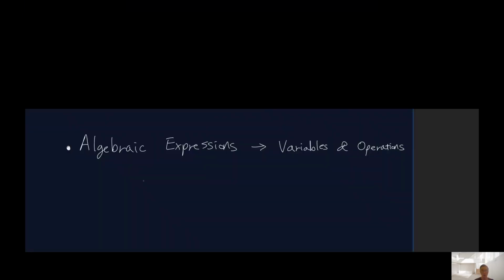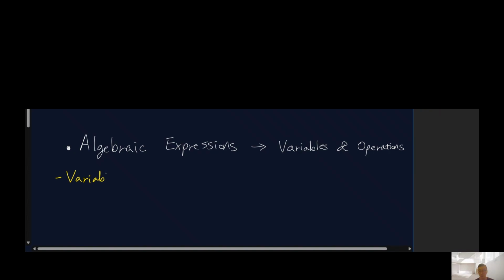In algebra, we use algebraic expressions, that is, using variables and operations. So, the variable means it is a symbol or letters.